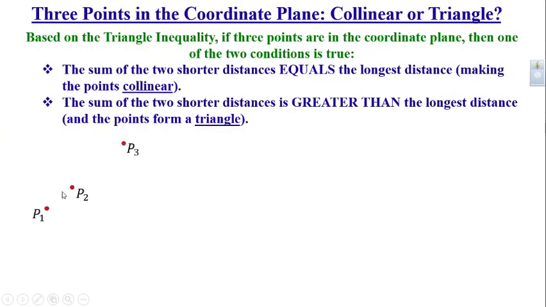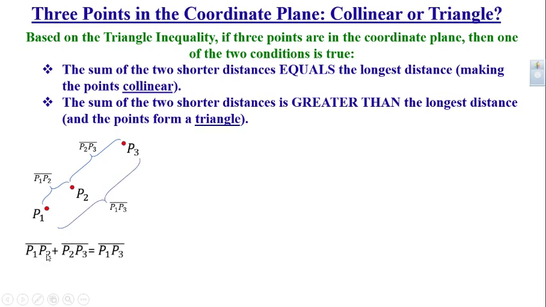So basically, if we have 3 points and I find the distance from P1 to P2, the distance from P2 to P3, and if I add the distance P1, P2 plus P2, P3, and it gives me the same distance from P1 to P3, we're dealing with a straight line and the points are collinear.